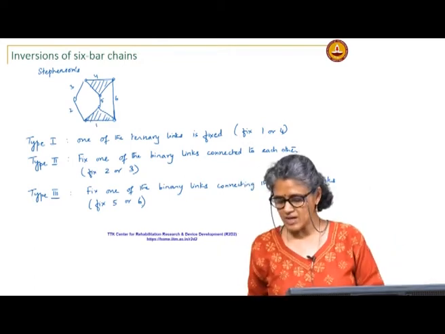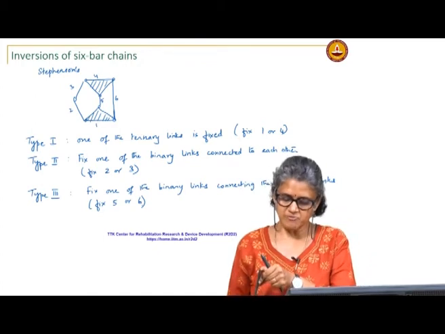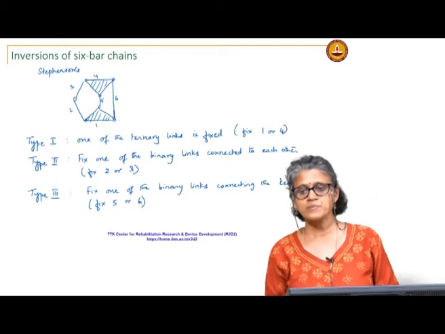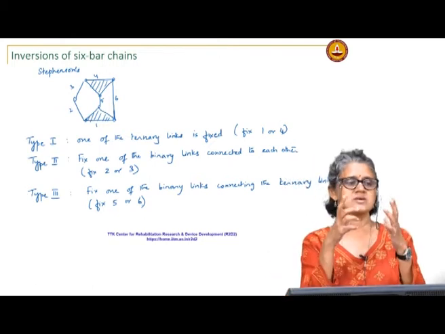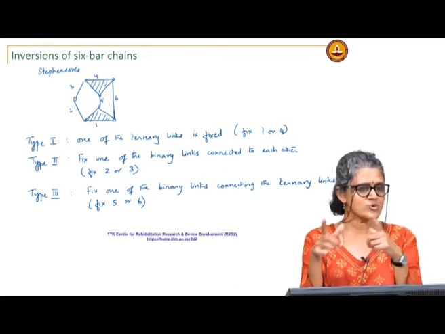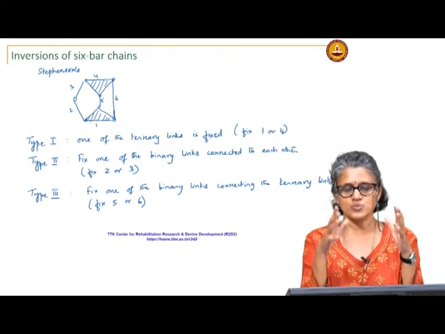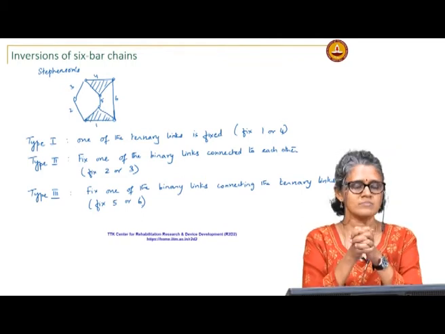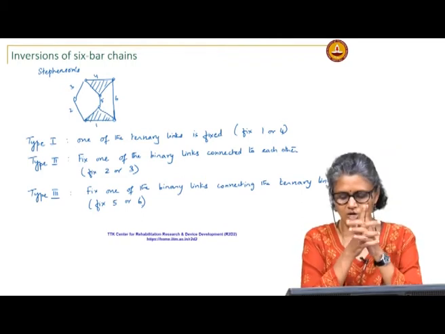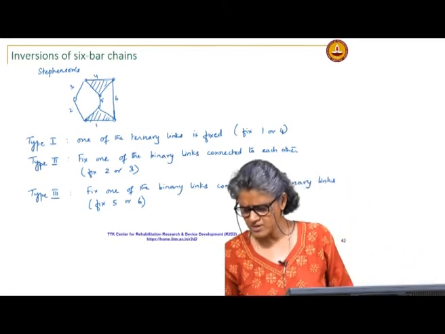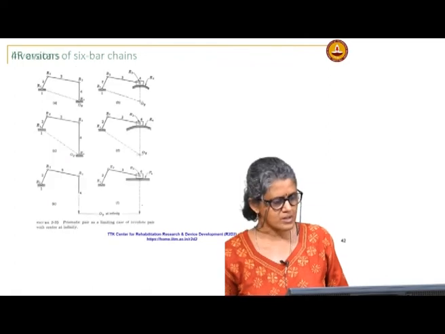So, these are inversions. The concept of inversions we will use quite extensively when we come to synthesis, because inversions in a kinematic chain, the relative motion between the links is the same. So, we will use that concept repeatedly when we do synthesis of linkages. So, it is a very important concept for you to remember.